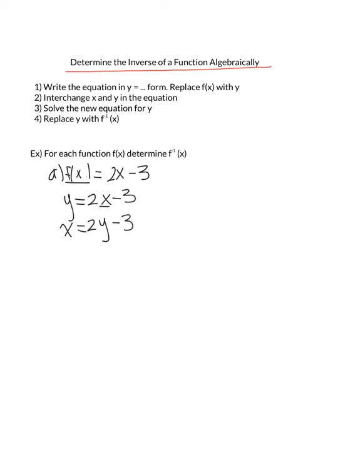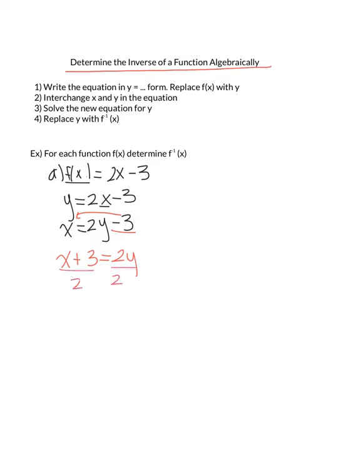Step number 3, solve the new equation for y. So if I'm trying to isolate y, I need to do a couple of things. The first thing that I'm going to do is move this negative 3 over. So I will get x plus 3 is equal to 2y. The next thing that I need to do is divide both sides by 2.